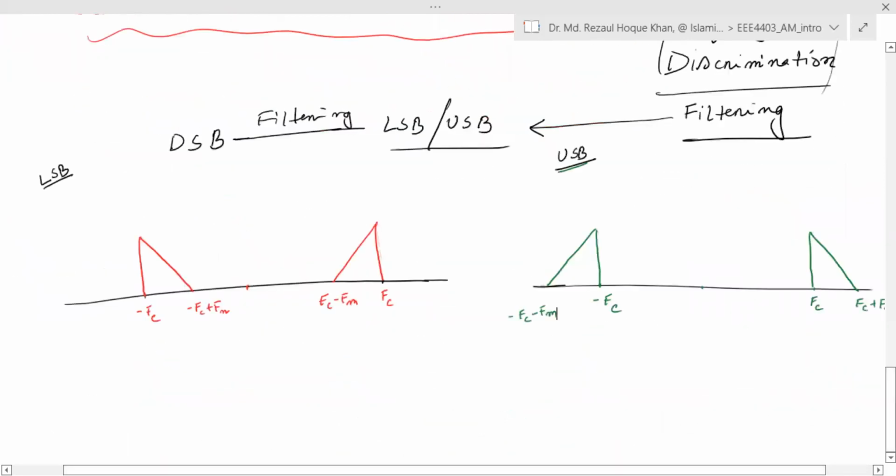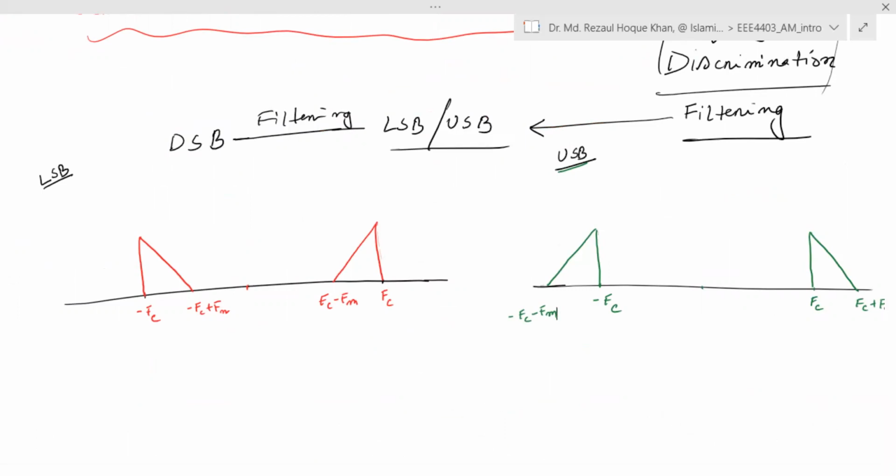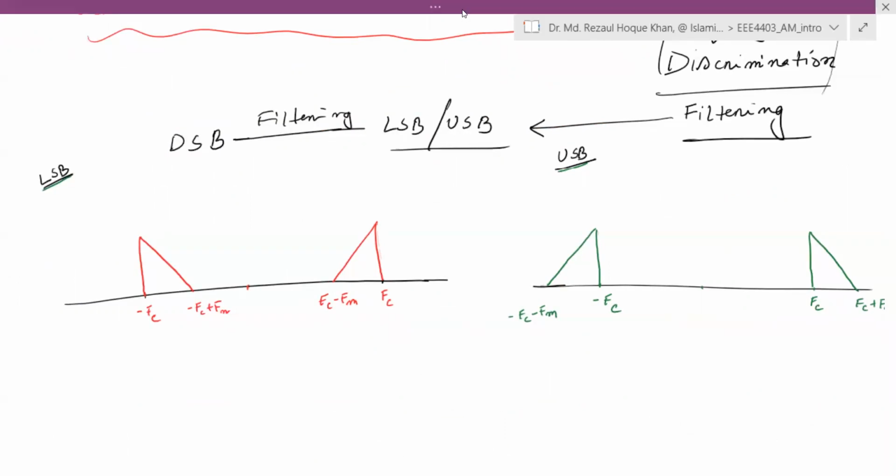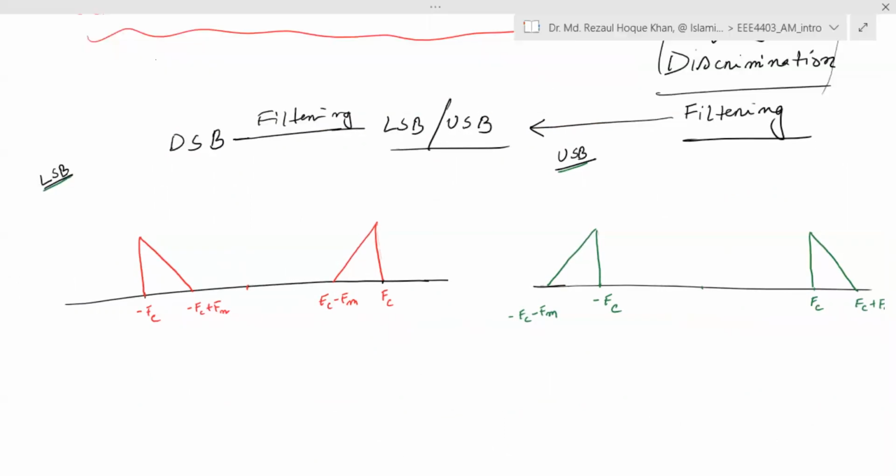Now, for example, you want to have the lower sideband. If you want to extract it, you see here, let me draw the other portion, the other part of this for USB.